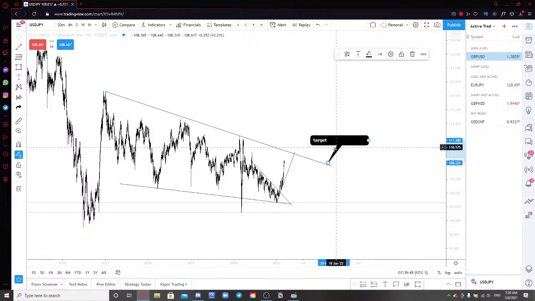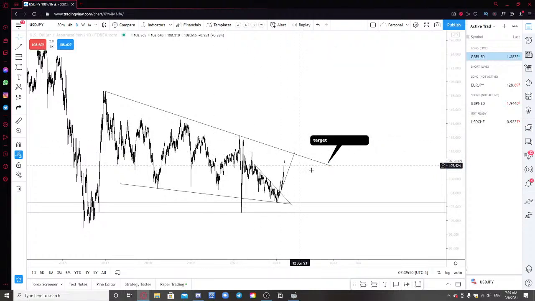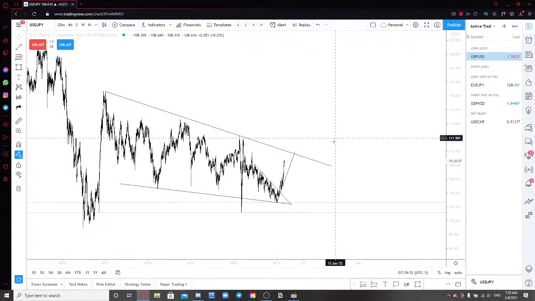It looks like this was a larger scale target, but I'm not going to keep track of that. It was a large scale target to reach this area, but on a lower time frame I set a target about at that high, I believe. But I won't keep talking about that. I don't want to keep saying it hit target, but nobody entered.